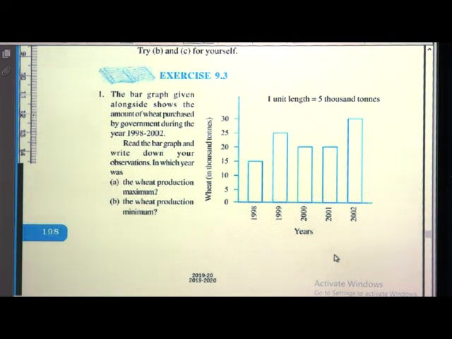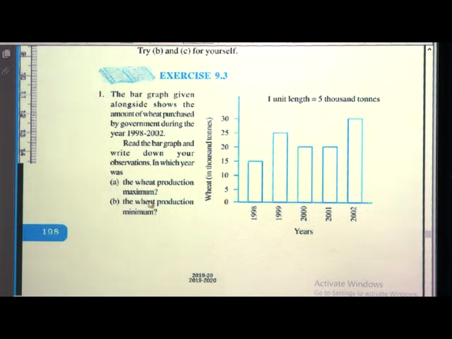Now we came to know about the bar graph in detail. Now we will solve the questions. In which year was the wheat production maximum? Which bar has the longest length? So in the year 2002 the wheat production was maximum, that was 30,000 tons, right.